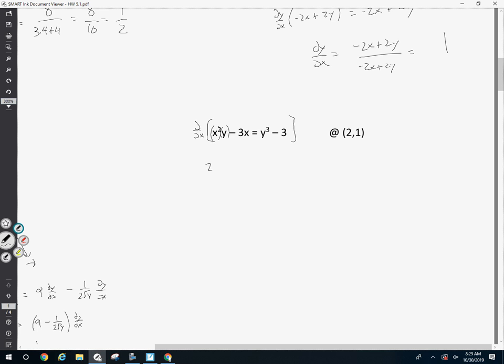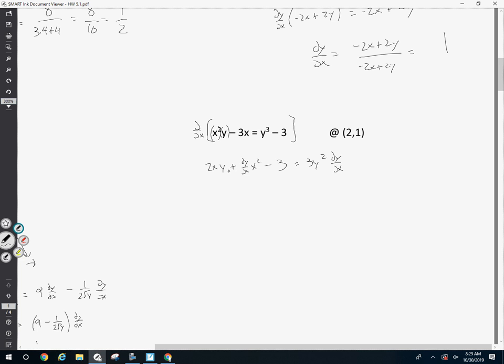Start with the product rule. Derivative of the first times the second plus derivative of the second times the first. Derivative of 3x. Derivative of y cubed. Derivative of 3, 0. Again, move the dy/dx's to any side.